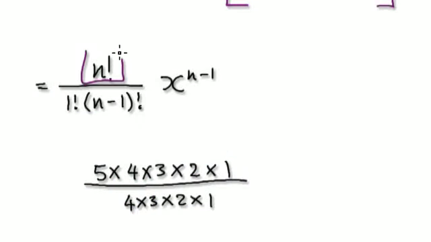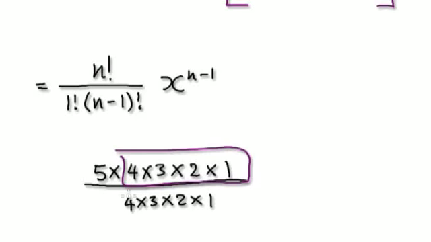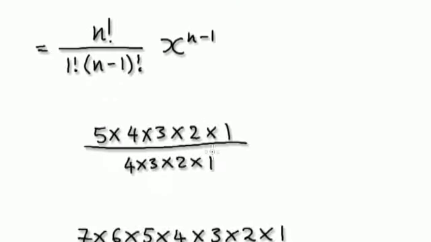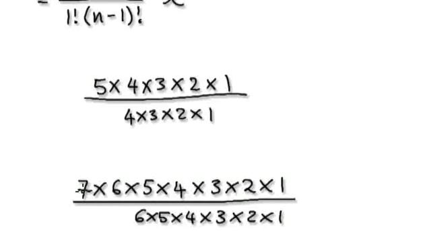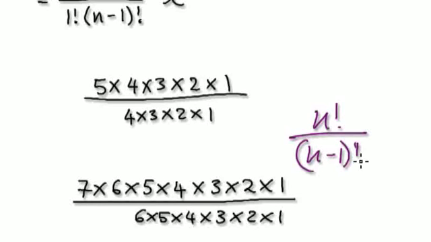Because whenever you have n factorial and then you divide it by 1 less factorial, the tail end of the thing gets killed off. It's just like 7 factorial divided by 6 factorial.